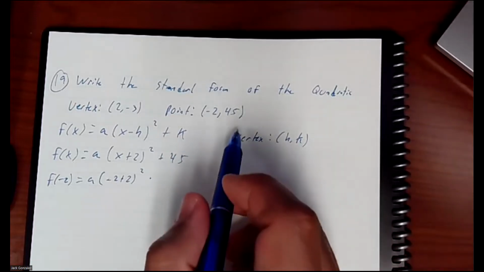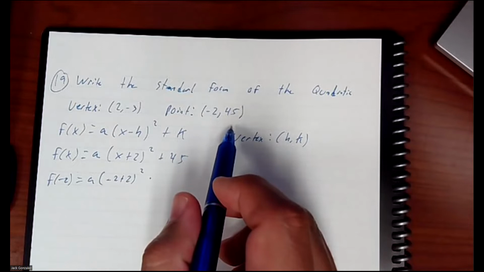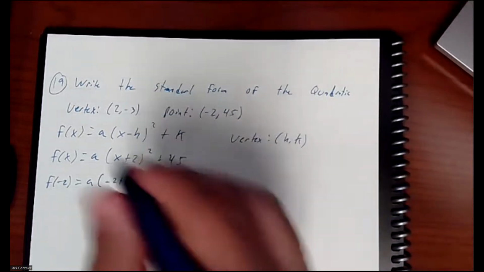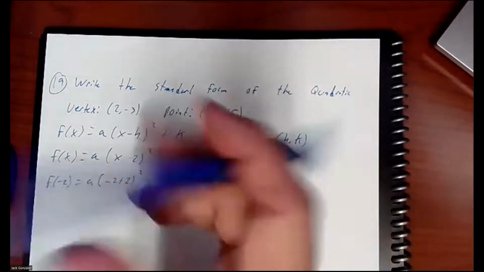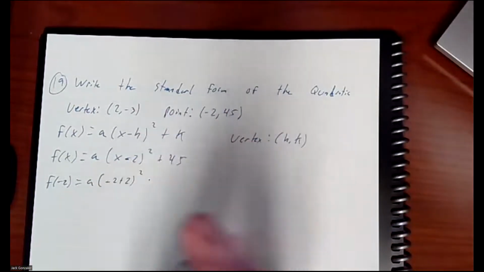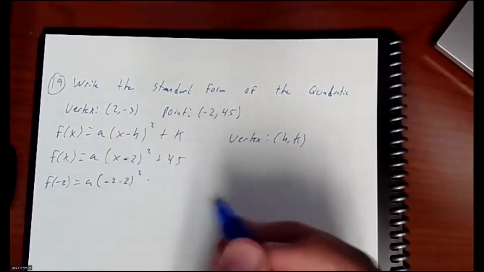Actually, that point is not helpful. Hold on. Yeah, I see. I messed up right here. This should be opposite, we said. -2. So this would be -2. There you go.